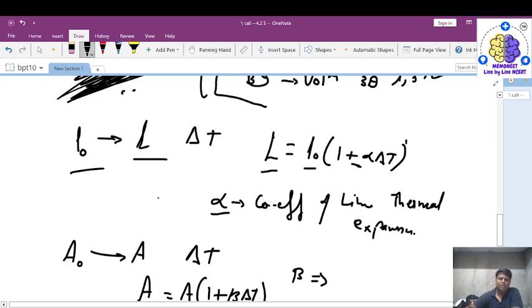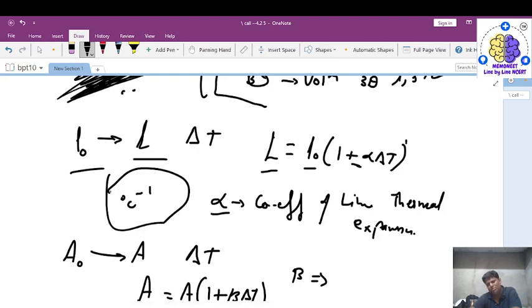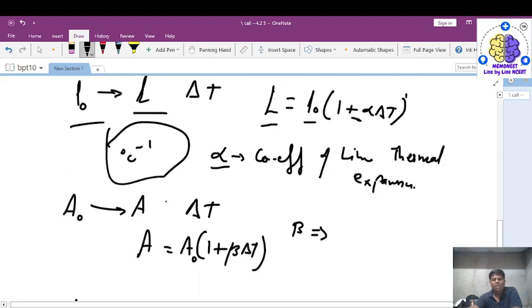The SI unit of the coefficient of thermal expansion is degree centigrade inverse. This is the SI unit whether it is linear, superficial, or cubical thermal expansion, right? So alpha is the coefficient of linear expansion.